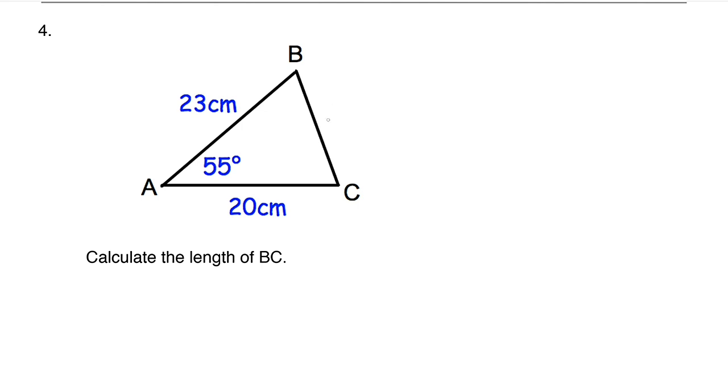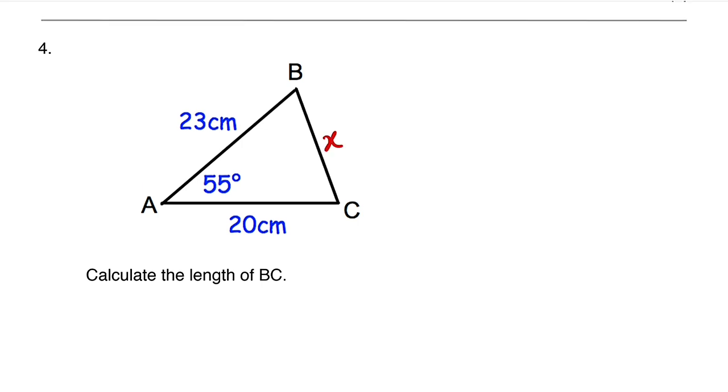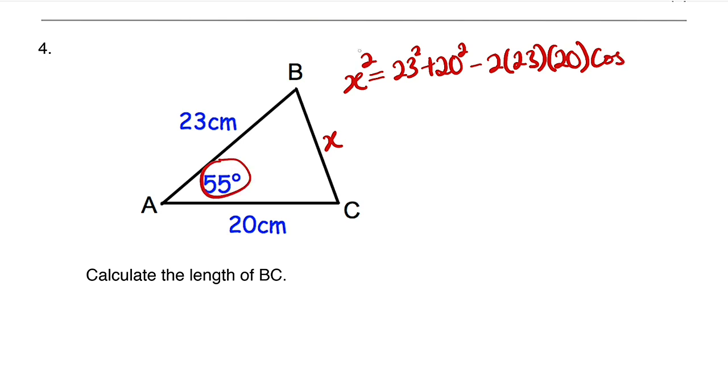So BC, I'm going to call it X. According to cosine rule, that side we are looking for squared is equal to the sum of the squares of the other 2 sides, that is 23 squared plus 20 squared, minus 2 times the product of these 2, that is 23, 20, then also multiplied by cosine of that angle 55 degrees.